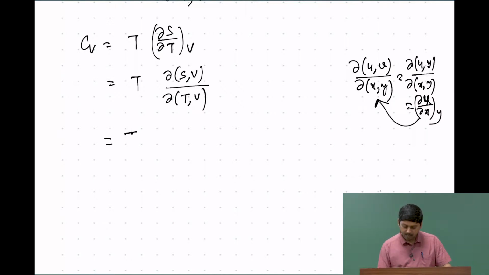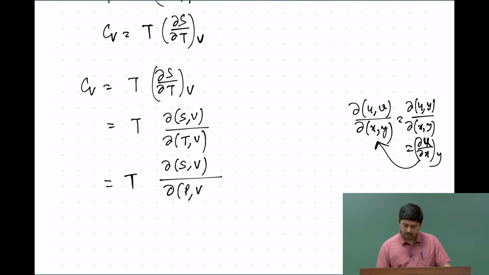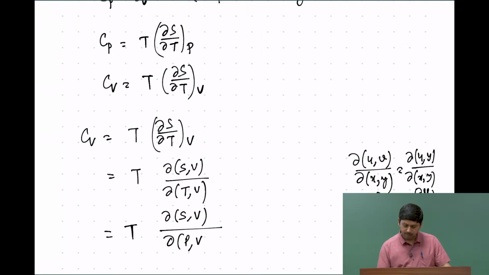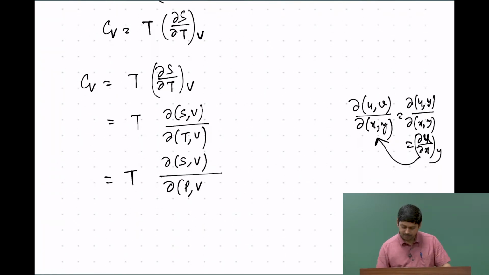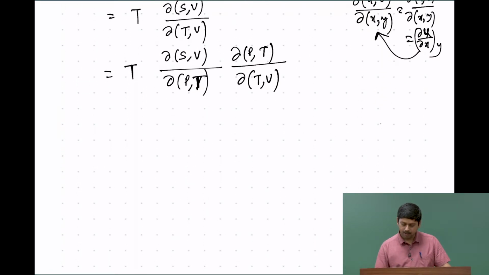Now, once we have that, we need to bring in P, T, because we also need to bring in P for the reason that the Cp term involves a P. So, we need to bring in P, T. We got P, T here, and we have to multiply with it, and we have T, V already here.